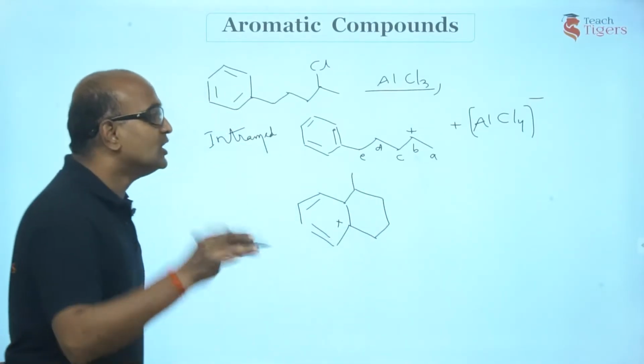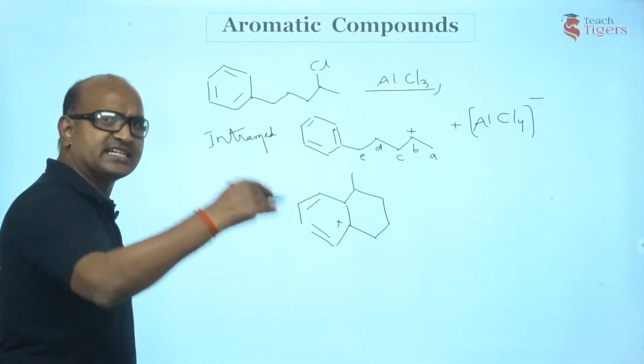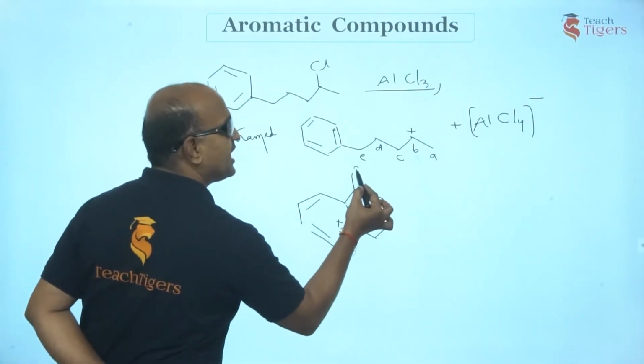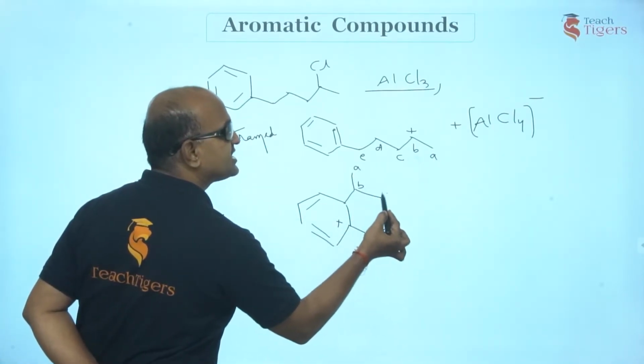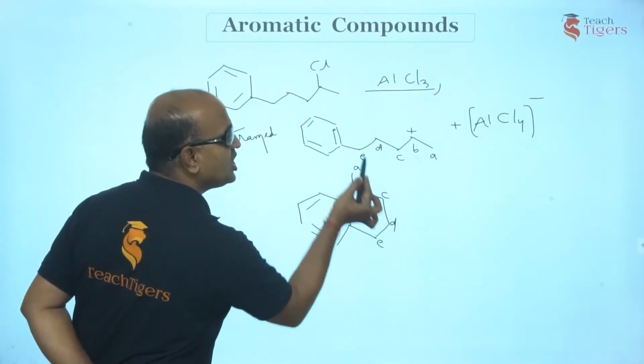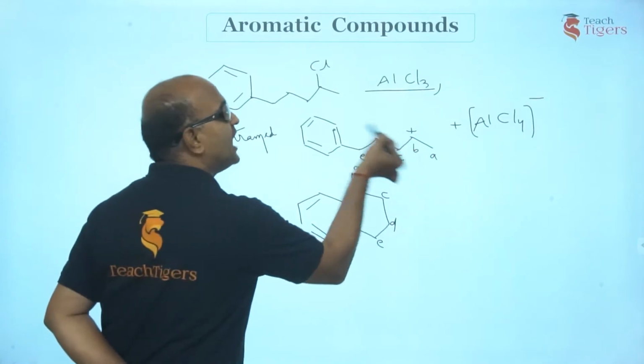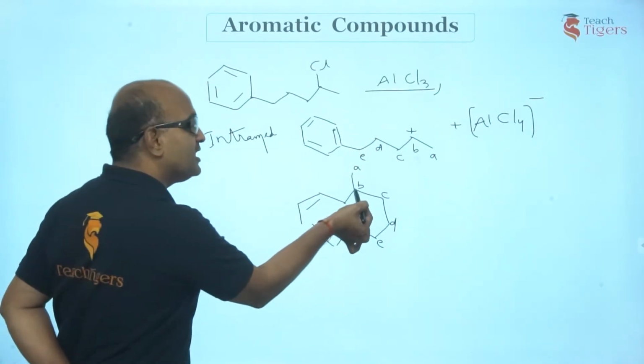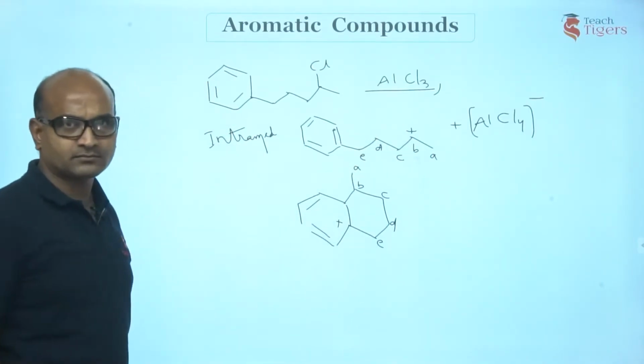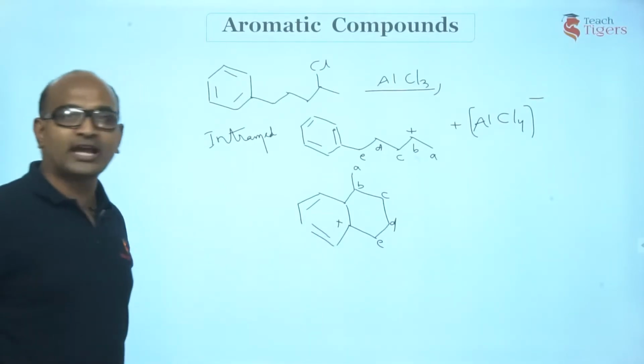Yes or no? So to avoid confusion, I'll just write it again. This is A, this is B, this is C, this is D, this is E. E was bonded to the benzene ring. B attacks the benzene ring. B has attacked the benzene ring. This is the arenium carbocation.